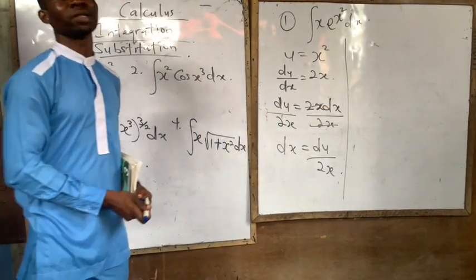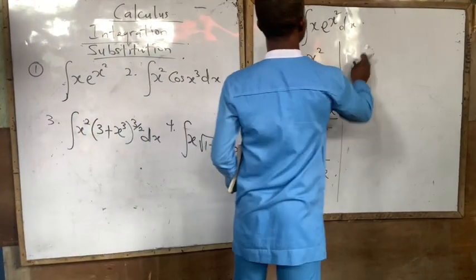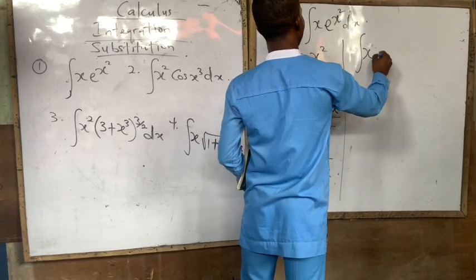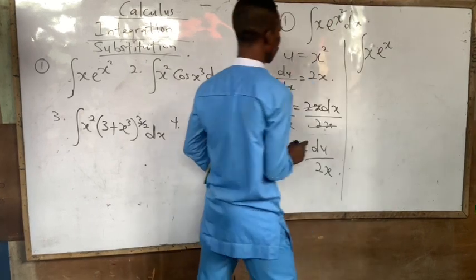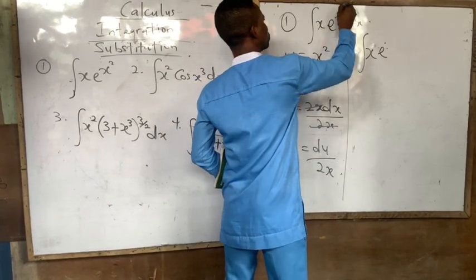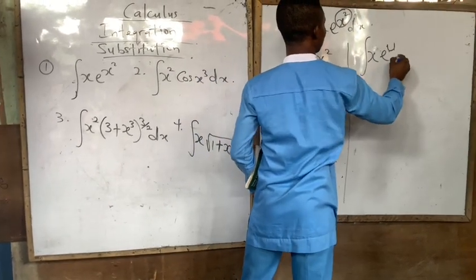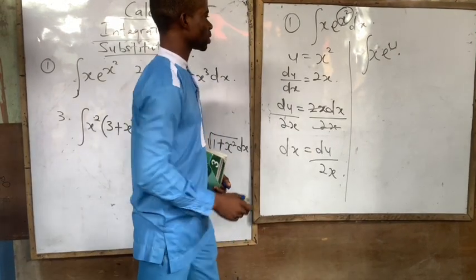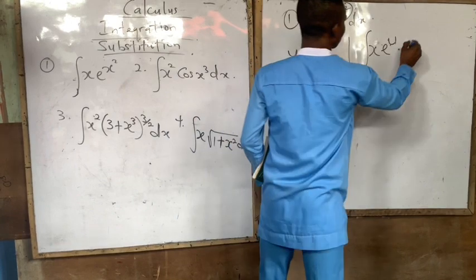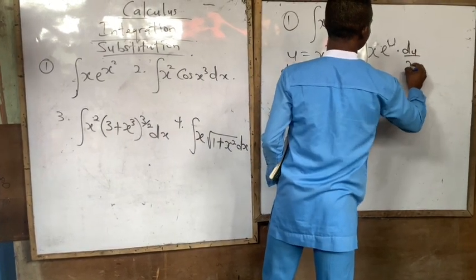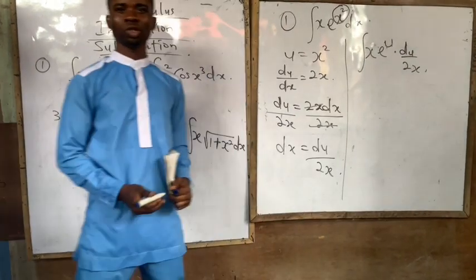Now that I've gotten my dx, all I do is the integral of x exponential x raised to power 2. And do not forget that this one has been represented by u, multiplied by, and what is our dx? Our dx is du all over 2x.